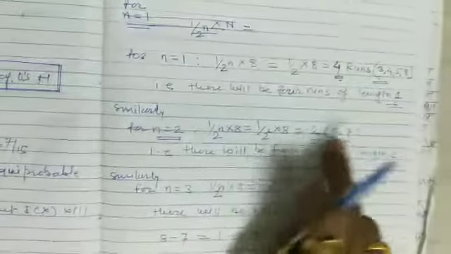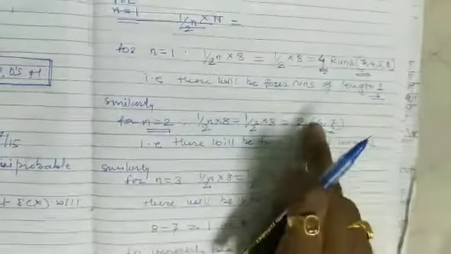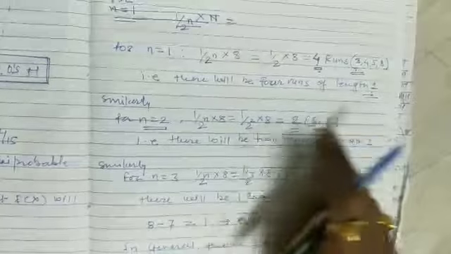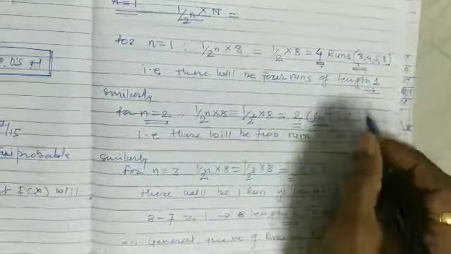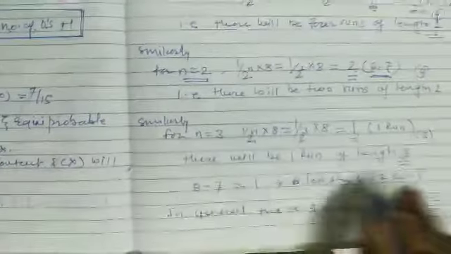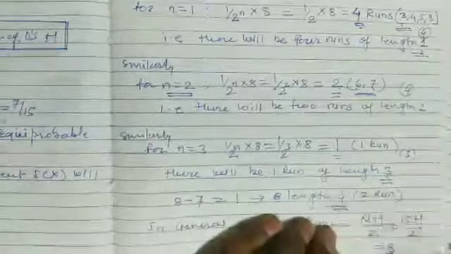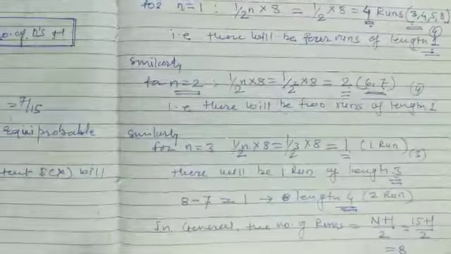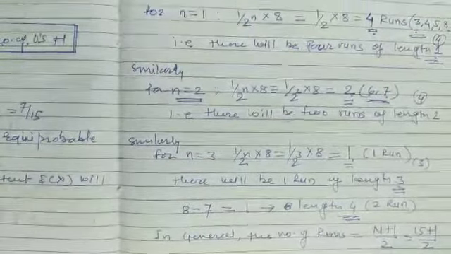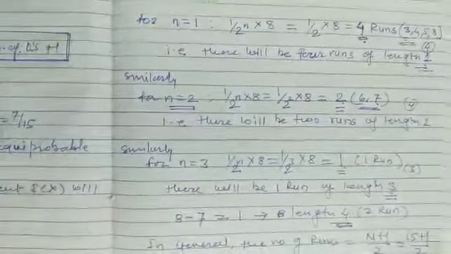If we consider the 2 runs of length 2, then the total number of elements will be 4. Here also 4 elements are there. Here also 4 elements are there. Here only 3 elements were there. Again the last one has length 4. It means that the run property and the balance property are almost altogether the same.